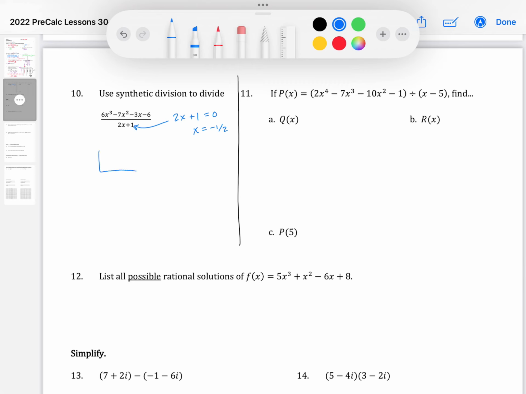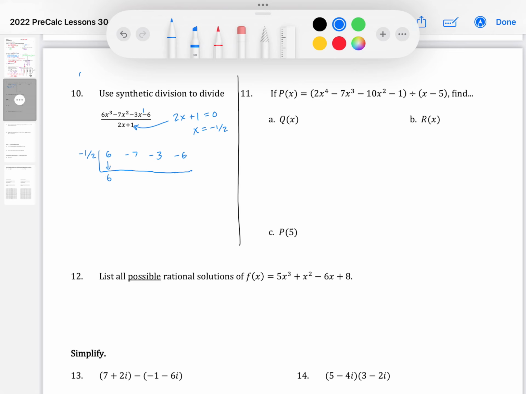So when I set this up, -1/2 is going to be the number that I have in the corner. And then I have 6, -7, -3, and -6 as my coefficients. I didn't have to put a placeholder in because it goes from power of 3, power of 2, power of 1, and then the constant.